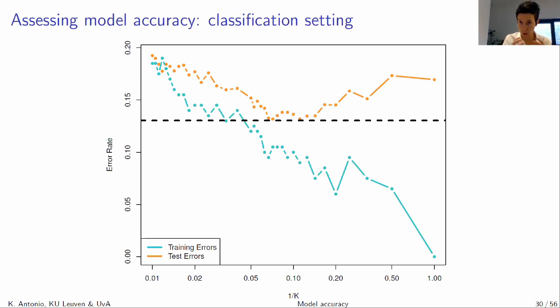So the only way how we can decide about a meaningful value for this k is to try out a grid of different values of k, evaluate the test error, and then pick a value for k where this test error is minimal or close to the minimum.